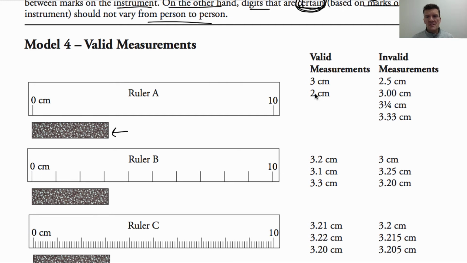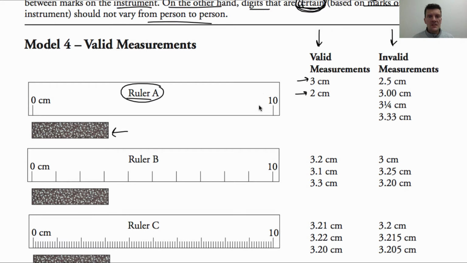What they're saying is these in this column here would be accepted by scientists as valid measurements. These measurements over here, taken by certain students, would be qualified as invalid measurements, depending on the ruler that is used. So let's analyze this. In ruler A, these two measurements, 3 and 2, are valid.